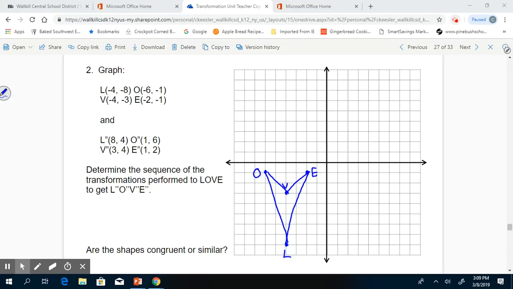And then we're going to go ahead and graph love double prime, again noting that it's a double prime, which tells us that two things occurred. So L double prime at 8, 4 is right 8 and up 4. O double prime is at 1, 6, so right 1 and up 6.